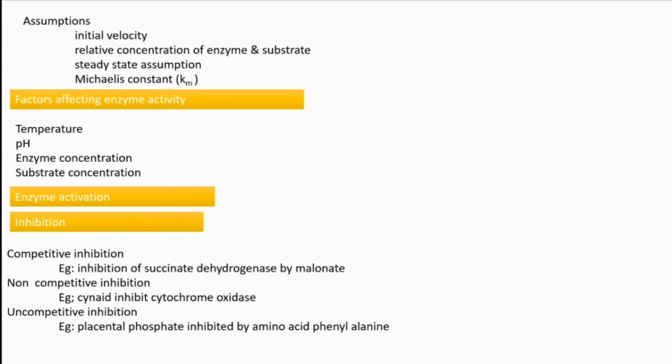Okay. Then substrate concentration. What about the substrate concentration? The effect of substrate concentration on enzyme activity is not uniform. It has two phases, actually, an initial phase and a final phase. At the initial phase, substrate concentration is low. Since the substrate concentration is low, the reaction rate also will be very less. In the final phase, maximum enzyme substrate saturation is attained. At that moment, maximum velocity is there.